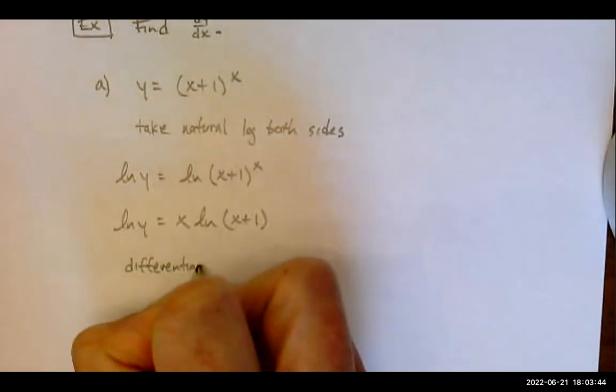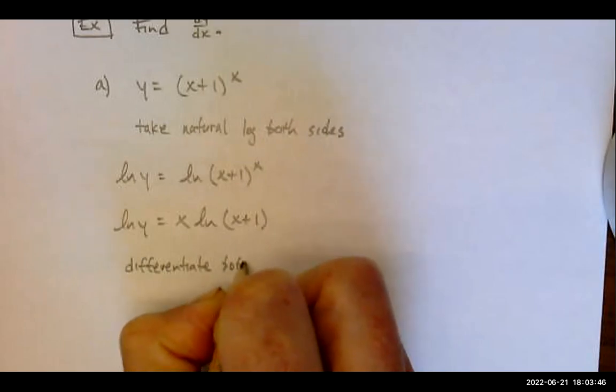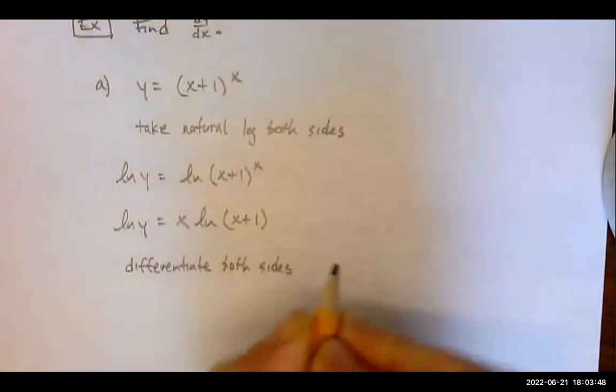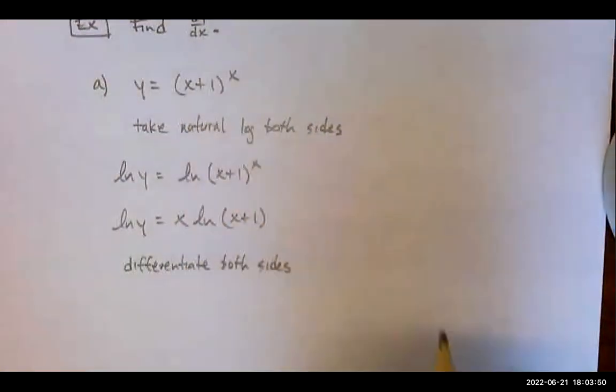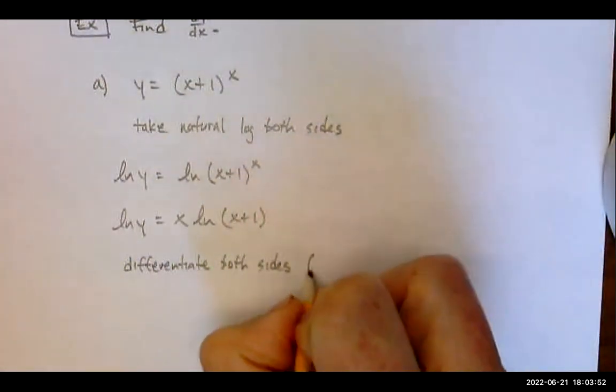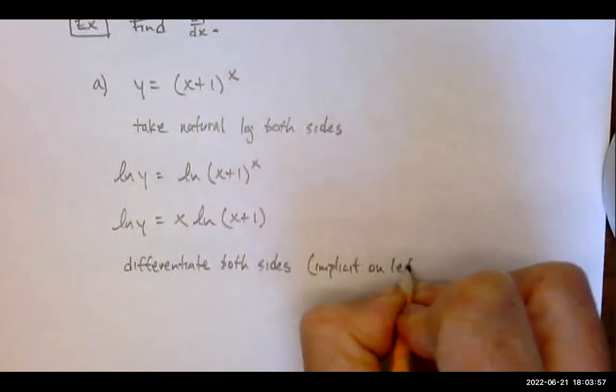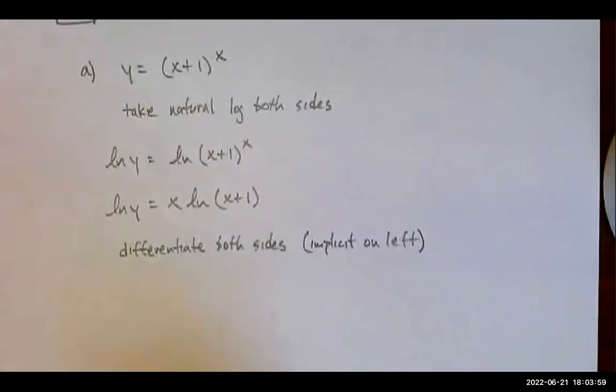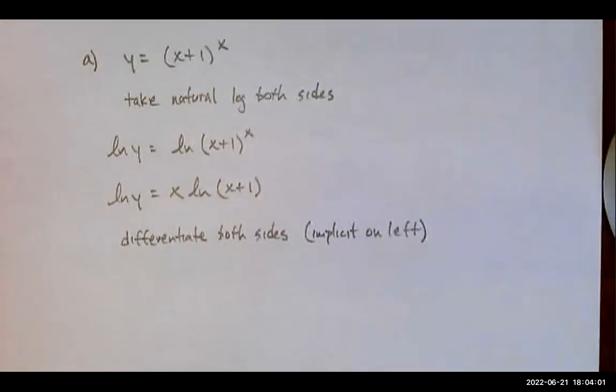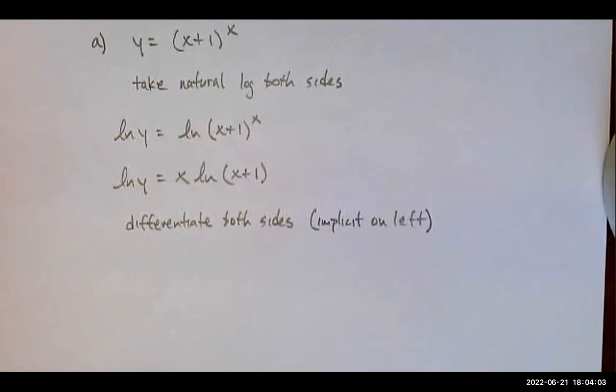Differentiate both sides. Notice that on the left, it's going to be implicit, because it's the natural log of y.